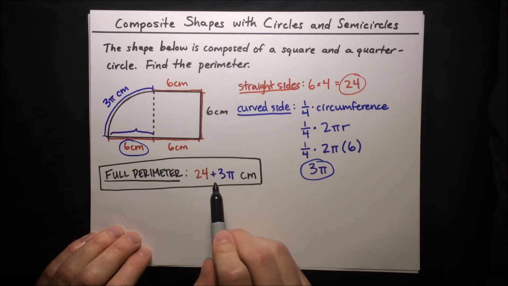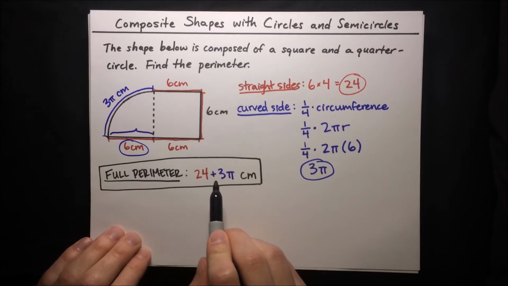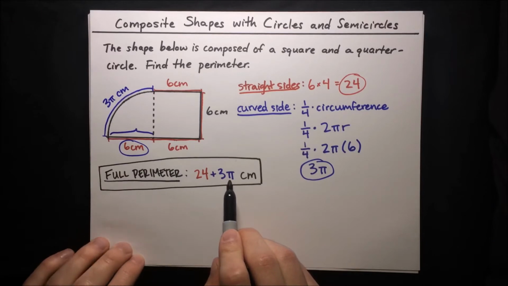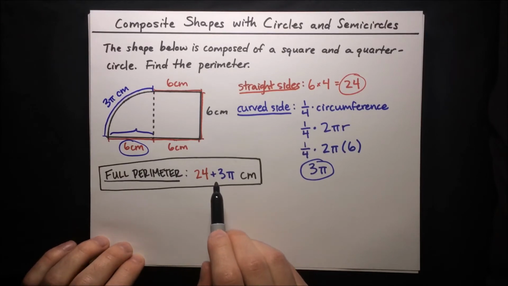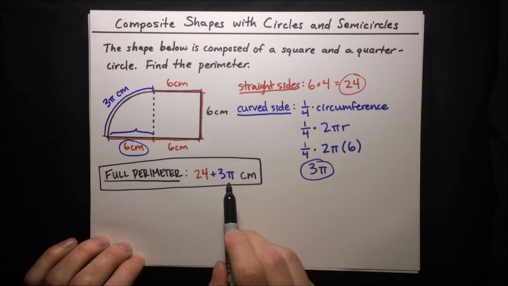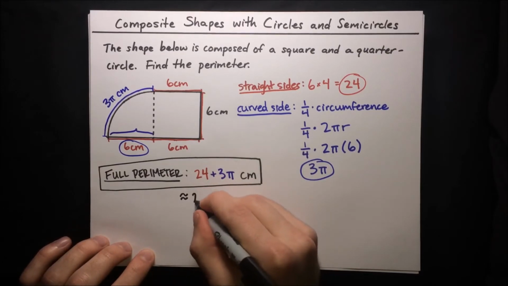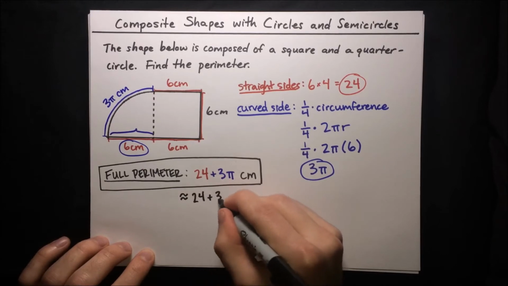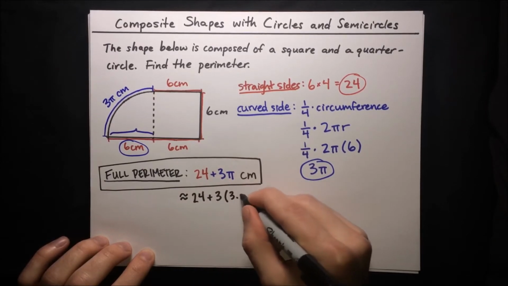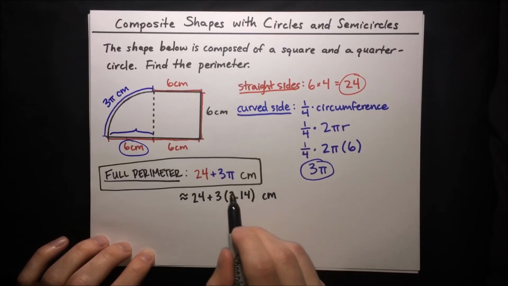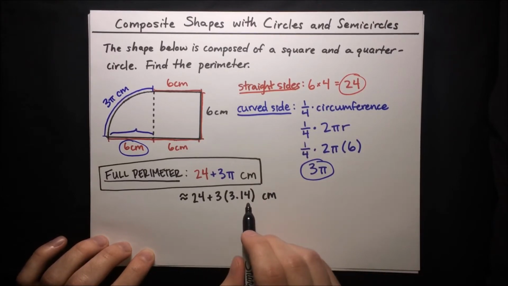Now this is the exact perimeter, and it can't be simplified anymore because pi is just an irrational constant, but we can approximate this a little bit. Using an approximation for pi, this is approximately 24 plus 3 times 3.14 centimeters. 3.14 is our approximation for pi to the nearest hundredth place.